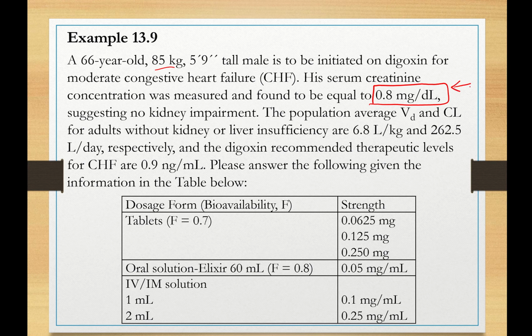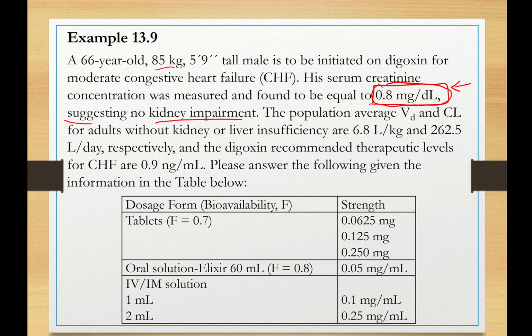Some of these parameters' physical interpretations will be taught later in other clinical courses. At this point, we have to accept what the serum creatinine means if you're not familiar with it. It means that the kidneys are functioning properly.